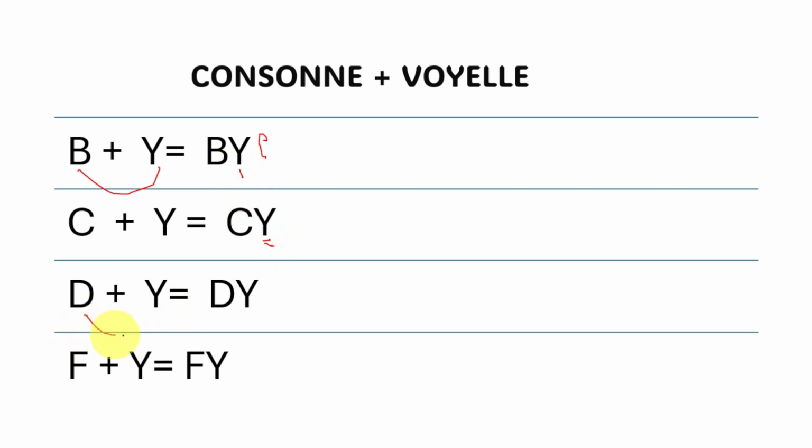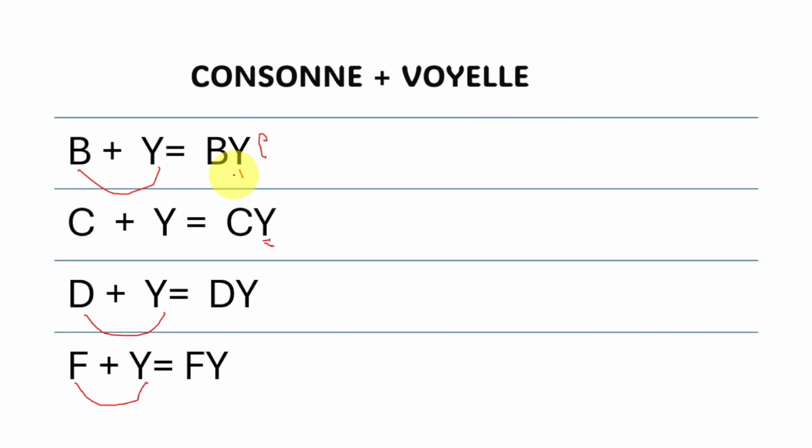Here, when we add together, it sounds like D, but it depends how we use it. Here it sounds like F. So be careful when you use it. In English you're going to hear a sound like buy, pass by. This one is not English, it's French. Even in Lingala, it depends how we say the sound.